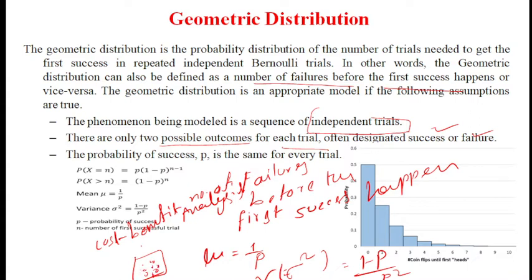If you roll the die until 3 is obtained, then the probability of getting 3 is 1 by 6, and the random variable x can take on a value of 1, 2, 3 until the first success is obtained. This is an example of geometric distribution.